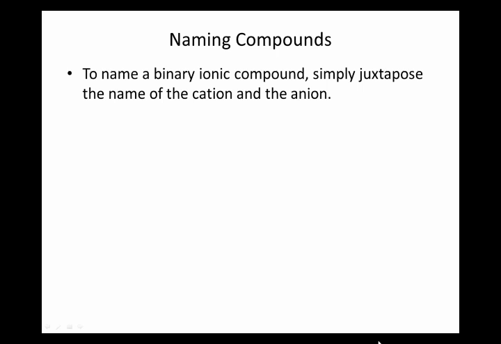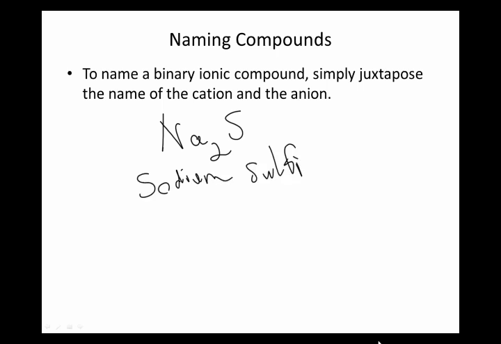So if you say sodium sulfide, I don't need to indicate this 2 anywhere in the formula, right? Sodium must be +1. Sulfide must be -2. So this is the only possible configuration, right?